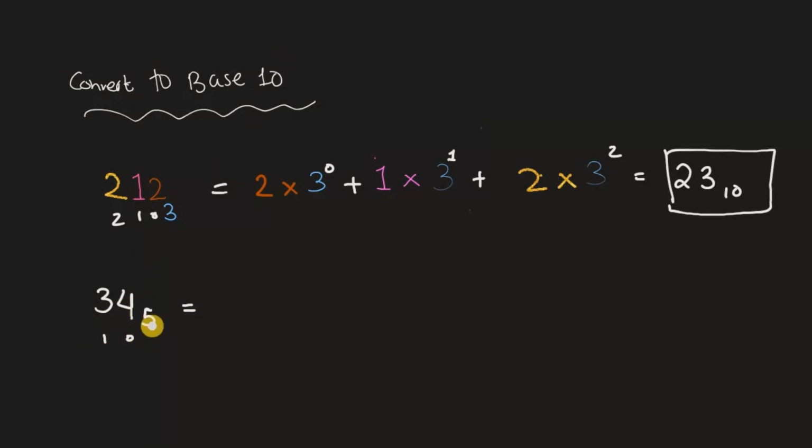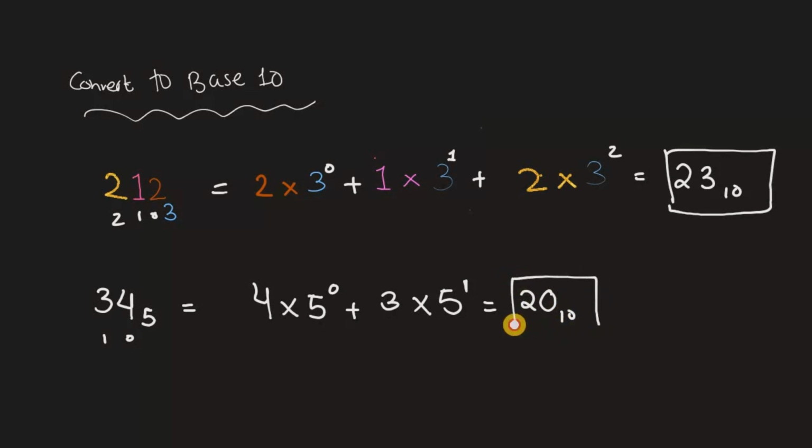Then we have 4 multiplied by the base, which is 5, to the power of the exponent we wrote over here, and then 3 times 5 to the power of 1. This is going to give you 20 in base 10. So this is your answer for this one.